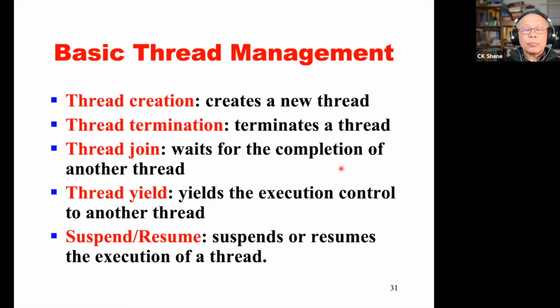So basic thread management under ThreadMentor consists of thread creation, just like a fork for you to create a process. Thread termination is similar to the exit system call. Thread join, you guess, is going to be the system call wait.